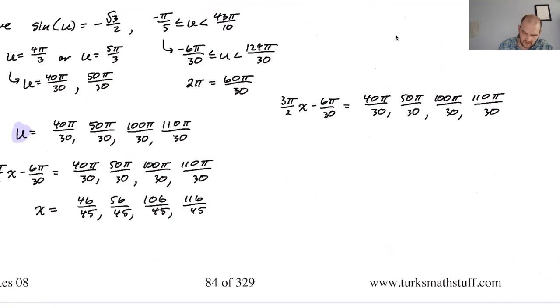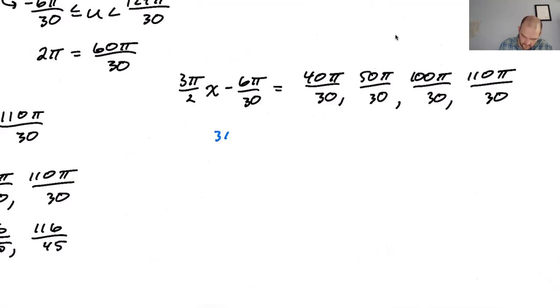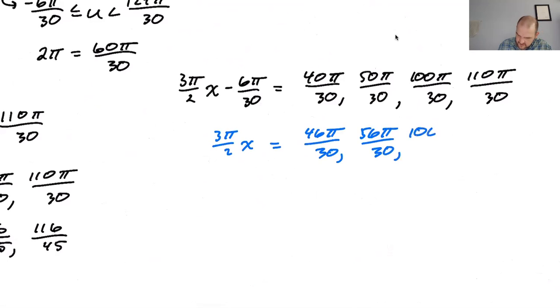Here you go. Your first step, you're going to get (3π/2)x equals 46π/30, 56π/30, 106π/30, and 116π/30.